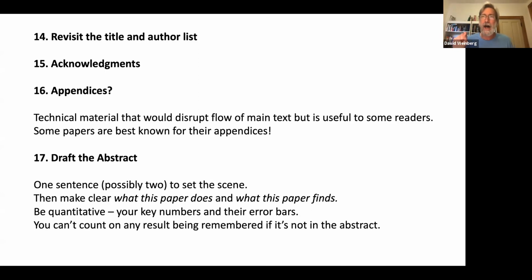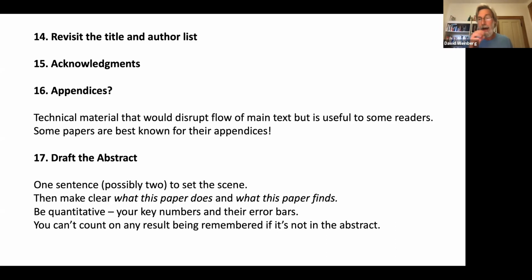And again, sometimes you will read an abstract and all the statements seem true, but you cannot tell where they've switched from summarizing the field to saying what they did. It's good to be quantitative in the abstract. If you've got key numbers, report them there, with their error bars.